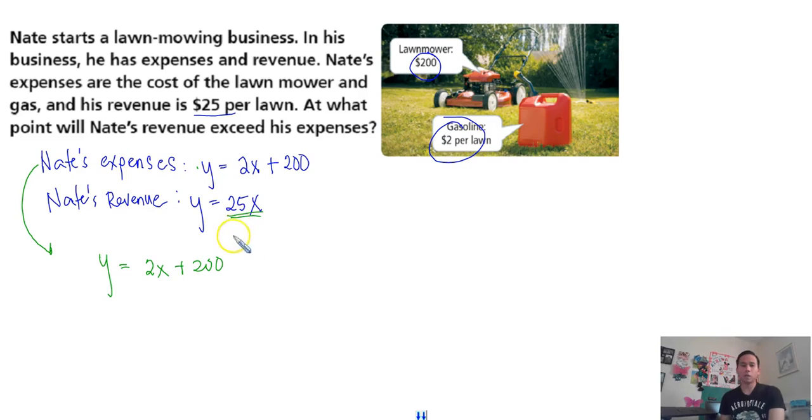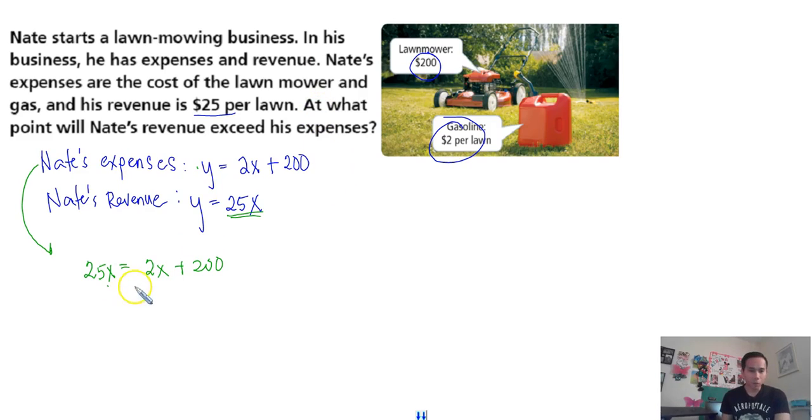And we know that one of the values of y is 25x. So instead of putting y here, I'm going to put 25x. Does it make sense now? So we have two values of y, and they are equal. So I just plug in one of the y, that is 25x.